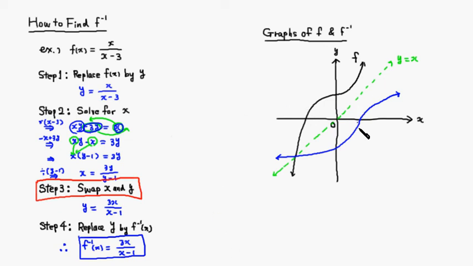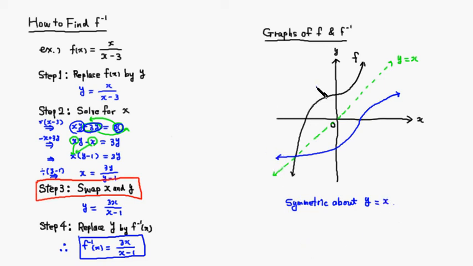You can see that the graphs have symmetry. It's symmetric about the line y equals x. So the graph of f and its inverse are symmetric about the line y equals x.